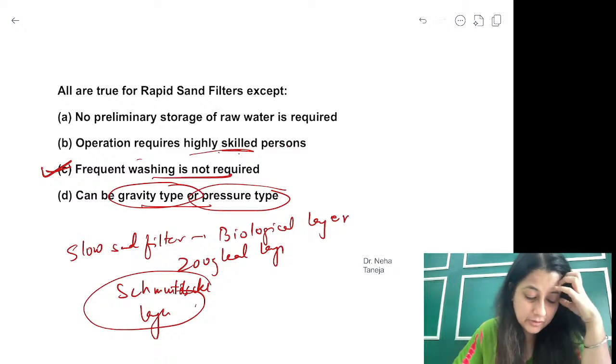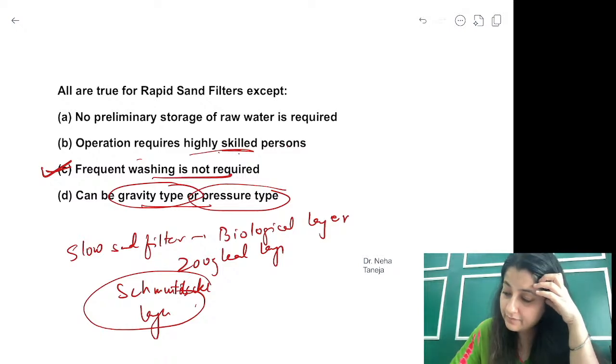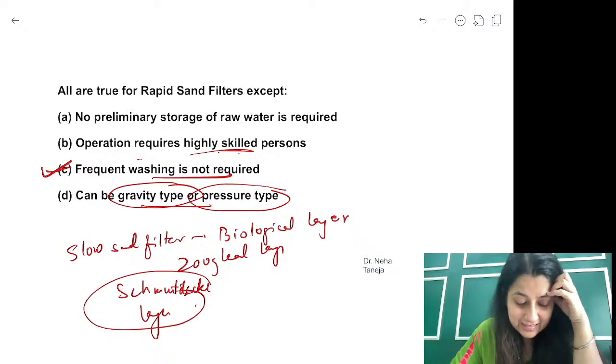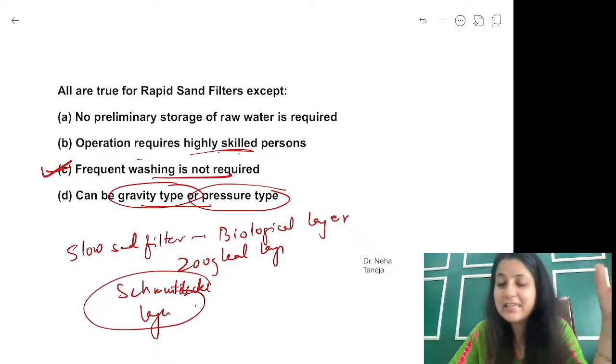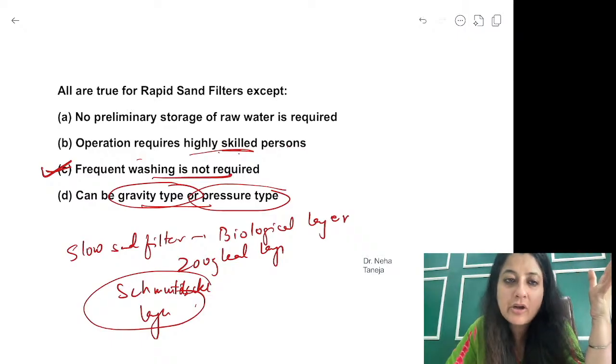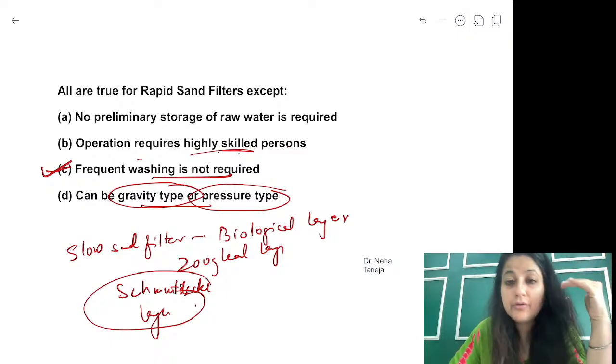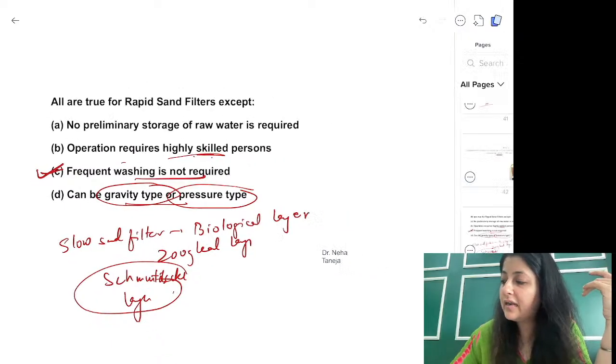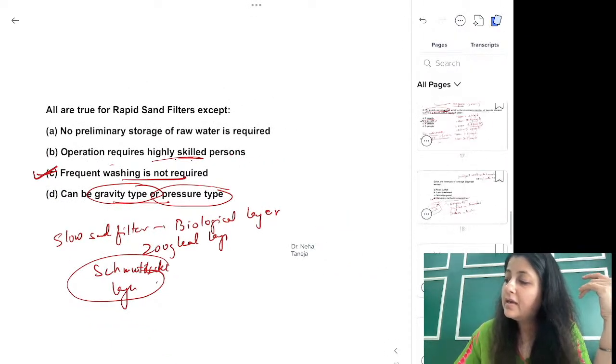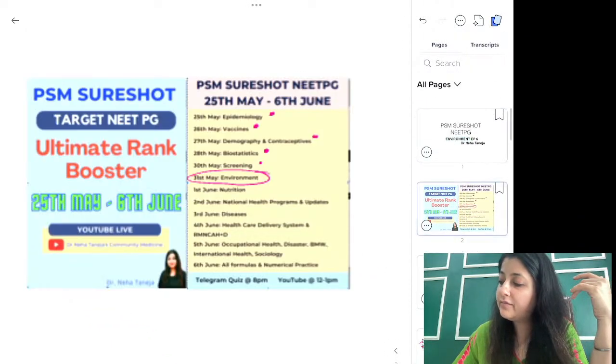That's a biological layer, okay? Very good. S-C-H-M-U-T-Z-D-E-C-K-E. It's like a spelling bee contest. Schmutzdecke layer. Vital layer. Very good. The Zoogleal layer. But rapid sand filter works on gravity and pressure. Clear, everyone?